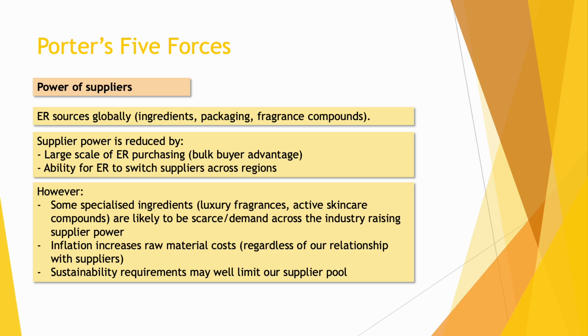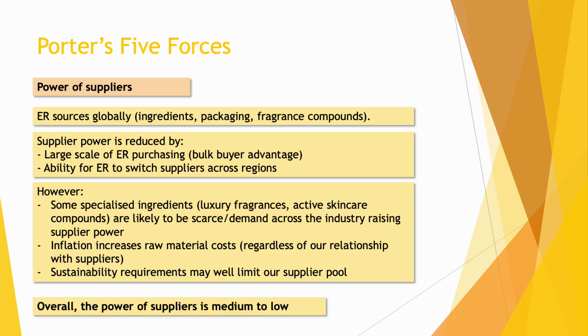There are going to be fewer suppliers out there that can provide the raw materials we need in an obviously ethical and sustainable fashion. So that might give those suppliers a bit more power as well. So we're really big, but in some of these more specific areas, the suppliers may have a degree more power. So overall, I think the power of suppliers is probably medium to low in this particular case.